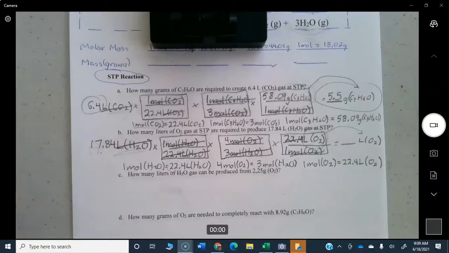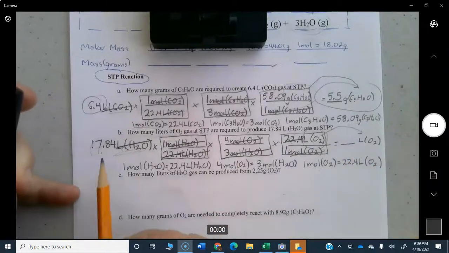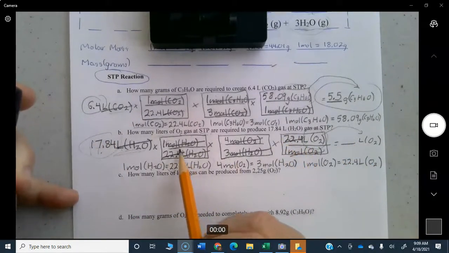And if you do that, what you end up with is 23.78. And we have 4 significant figures here. We only had 3 there, though, and 3 there.